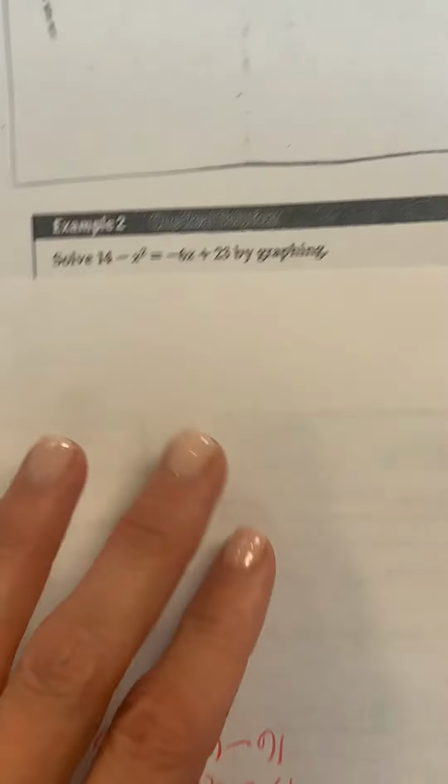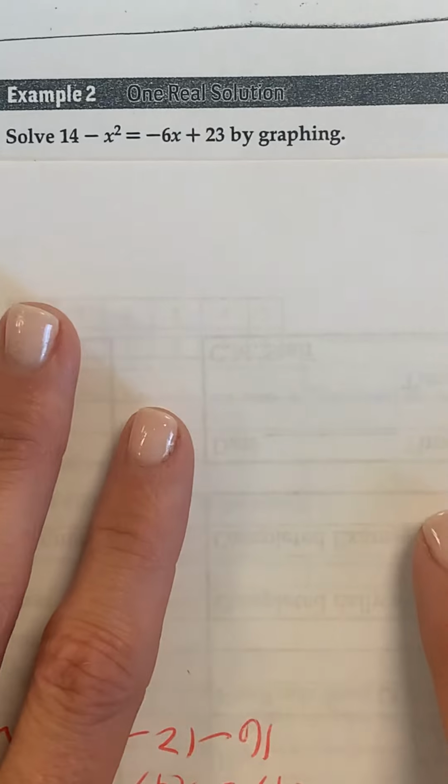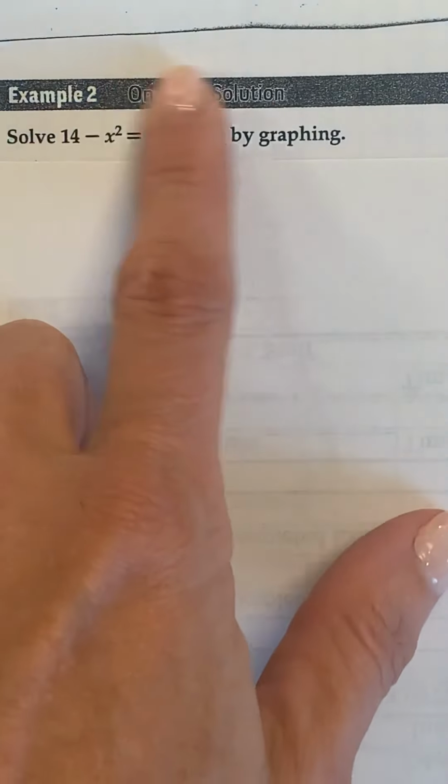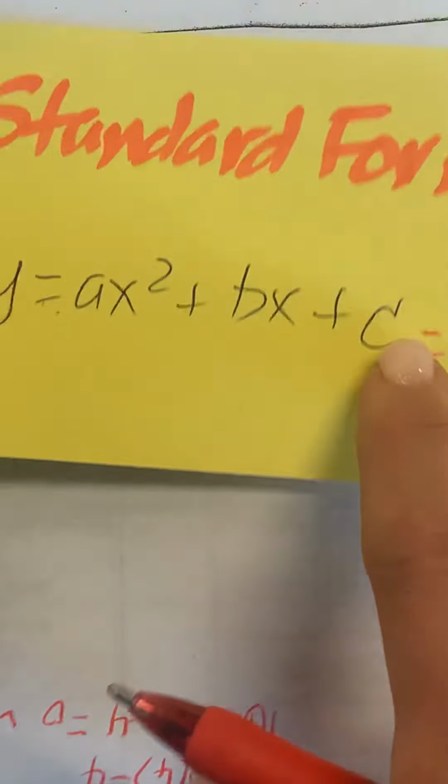Now let's look at one that has 1 solution. Okay, solve by graphing. But first of all, this is not in standard form at all, and it has to be set equal to 0, okay?